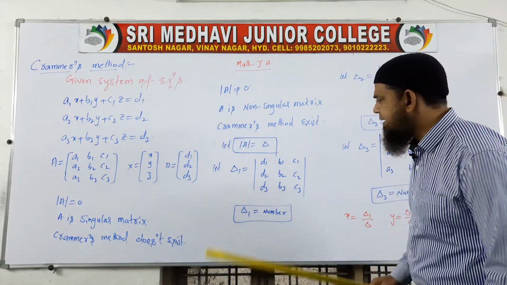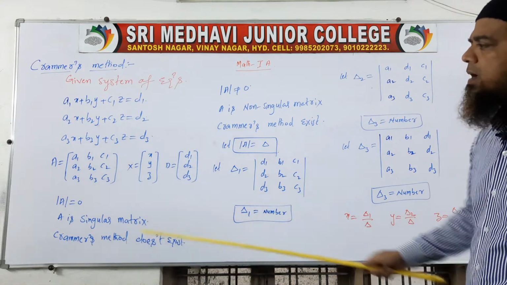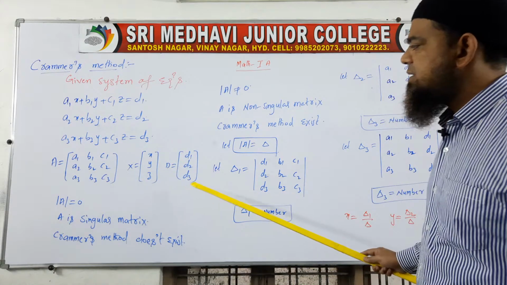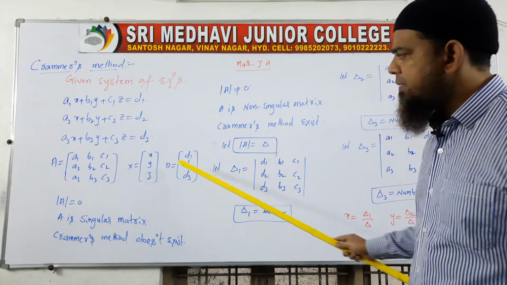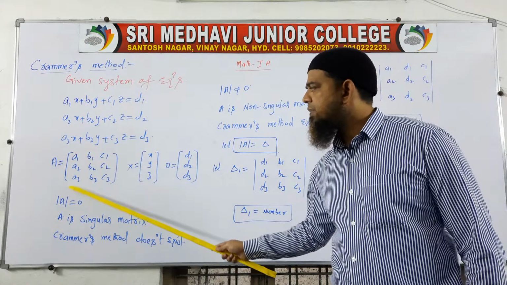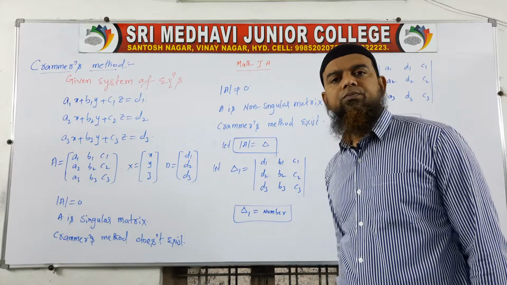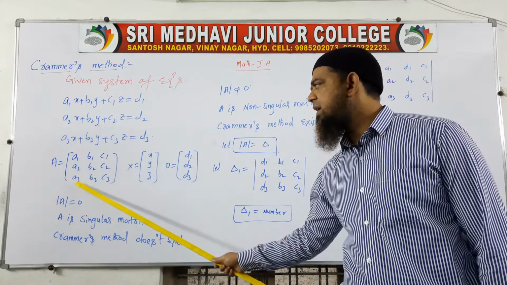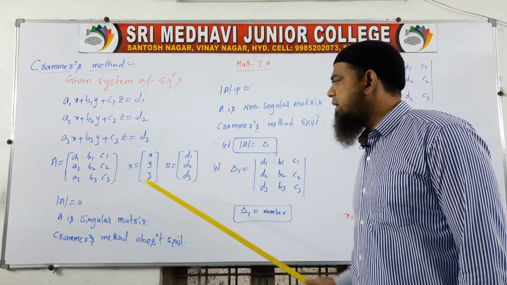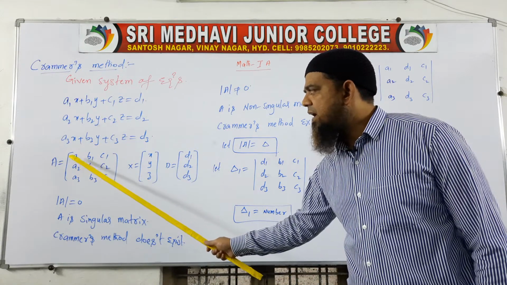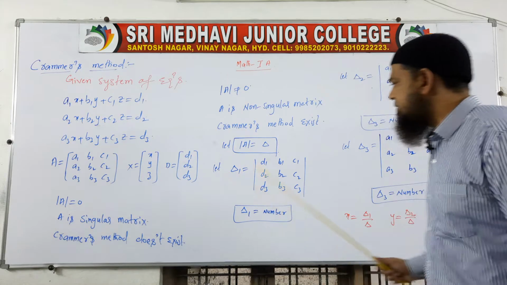Why I am taking delta 1, I will explain. See, this is the A matrix and this is the D matrix. You just remove A1, A2, A3 from here and write down D1, D2, D3 in place of A1, A2, A3. Now check this one.